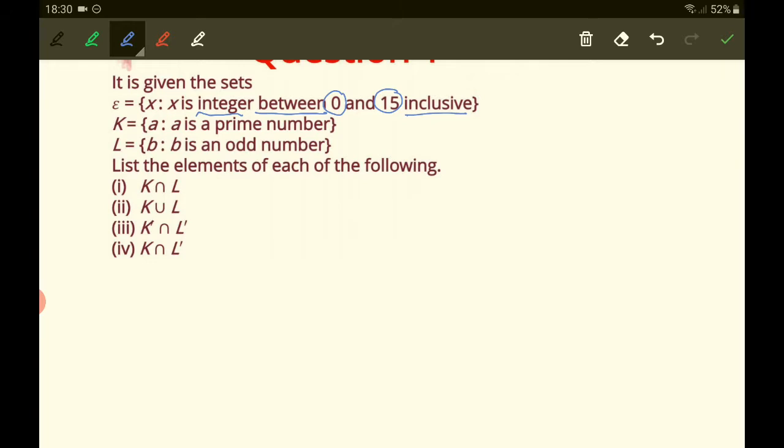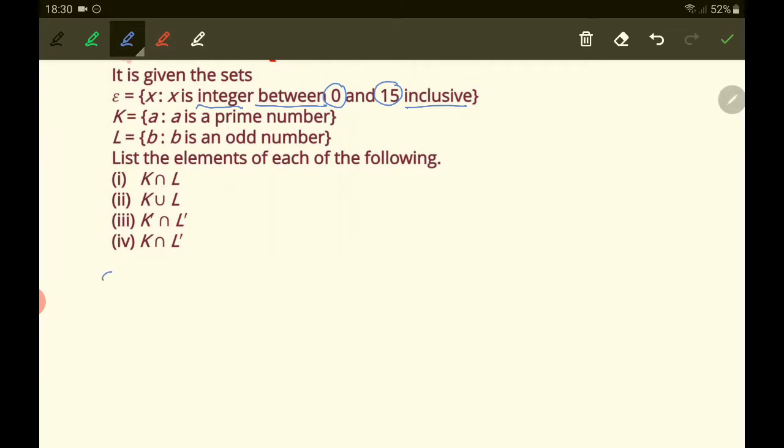So we can now first list the epsilon. Epsilon is the universal set, so every element that is discussed in these questions is in the universal set. So epsilon here is equal to integers between 0 and 15 inclusive.